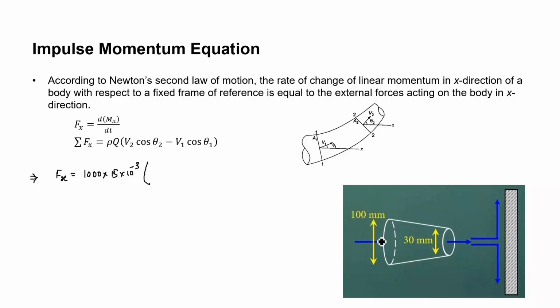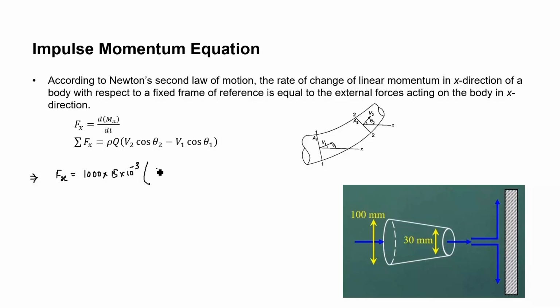Here V2 is the final velocity. After striking the plate, the water will move in vertical direction, upward and downward. So, we can say the velocity component of the water in x direction becomes 0 after striking the plate.